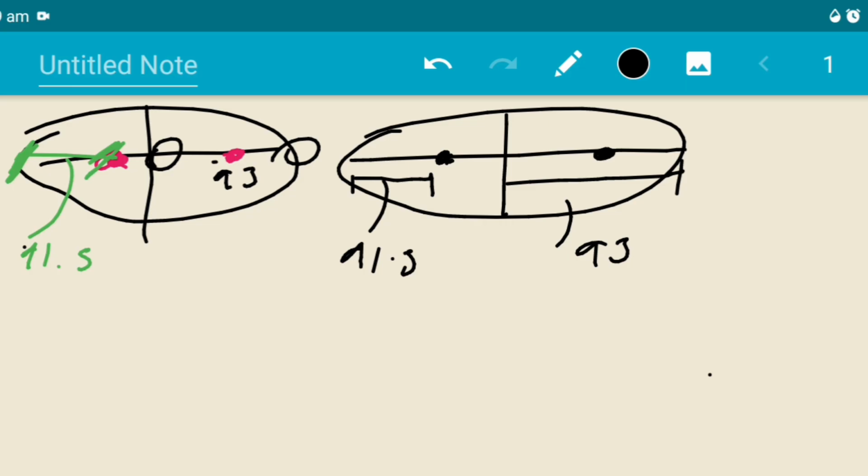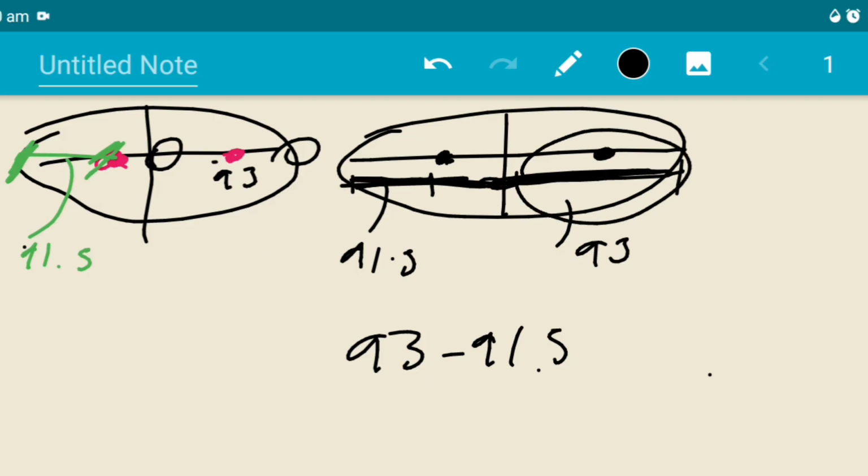So to find C, we can just say 93 minus 91.5. Now, why are we saying this? It's because this distance, which is 93, is the same as the distance from here up until here. If this is A, this would be negative A. So, to find this distance, which is C, we can say the entire distance minus this.